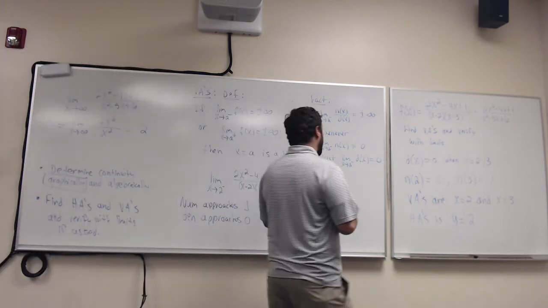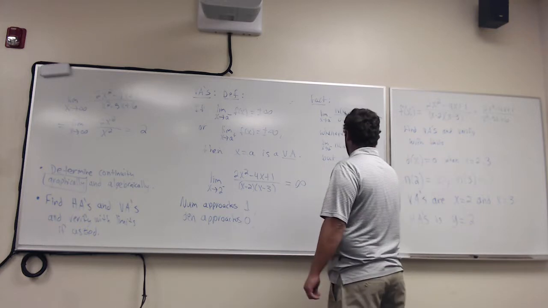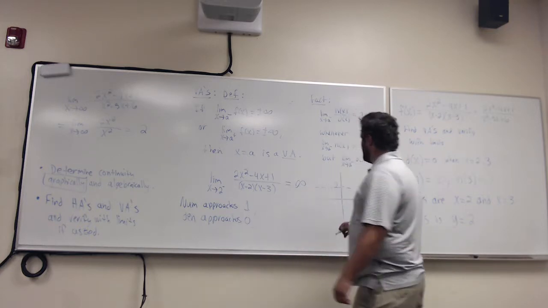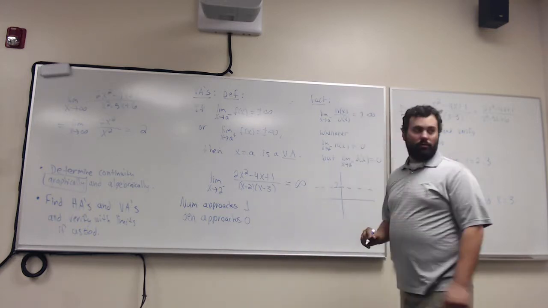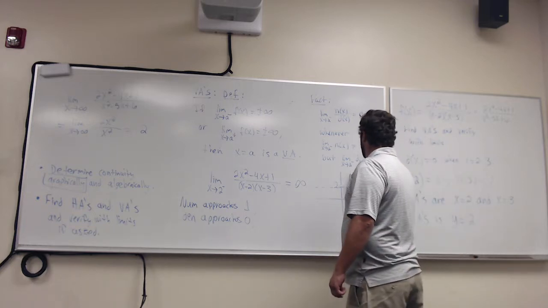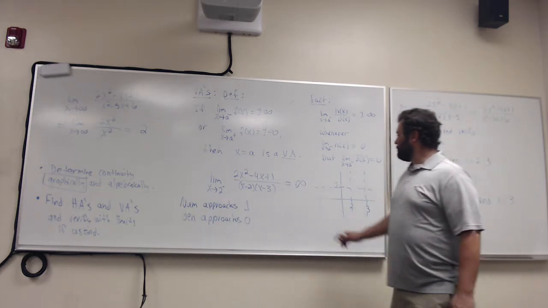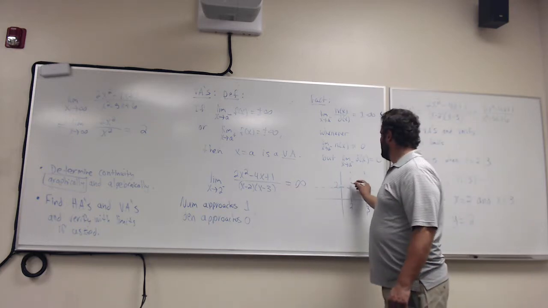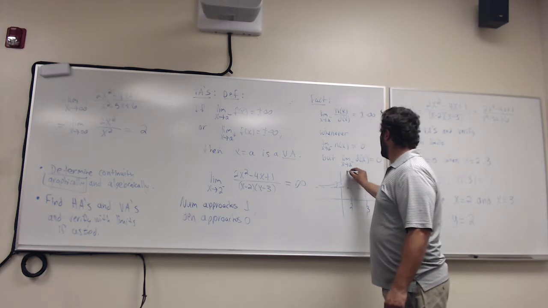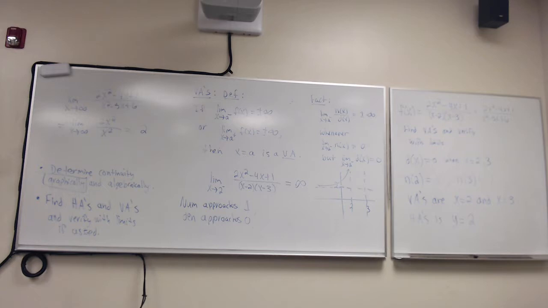It's about the behavior. Let me sketch a rough draft of this graph. The horizontal asymptote's going to be at 2, and then the vertical asymptotes are at 2 and 3. And then I already know as you approach 2 from the left, you're really going to positive infinity, so maybe the piece to the left of 2 looks like this.